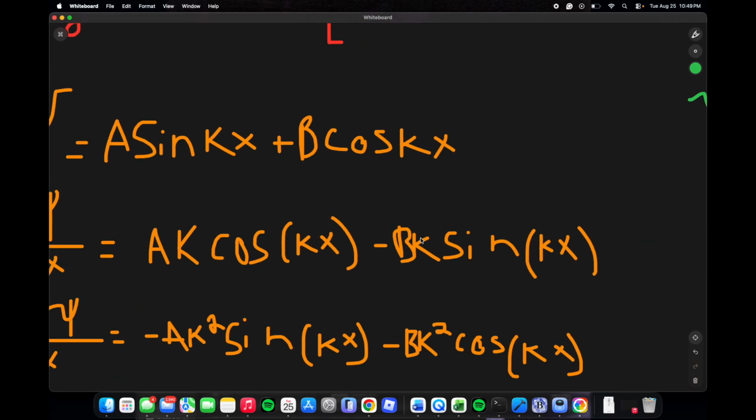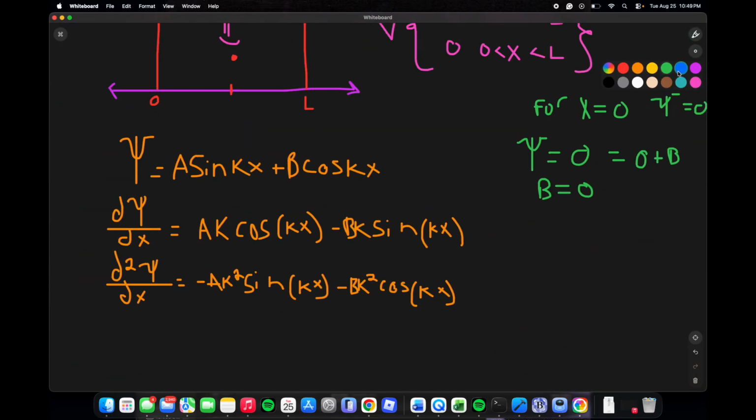So what we're going to find is that this whole side here is literally just going to cancel out. So we can just ignore these terms here. And that actually makes it quite nice for us because now instead of finding 3 constants, we only have to find 2, which is a and k respectively.